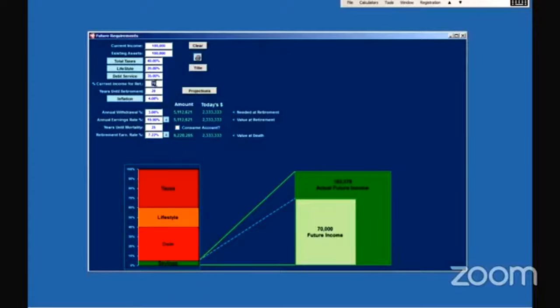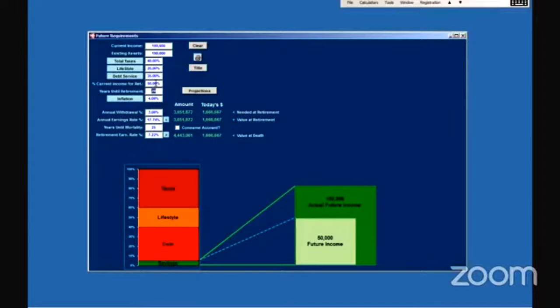Do we continue to reduce the standard of living? Let's say that now it's not 70%, it's 50%. Okay, now instead of trying to live on $100,000 throughout retirement, you're only going to live on $50,000 a year. Well, if you do that, then now the rate of return goes down to 17.7%.